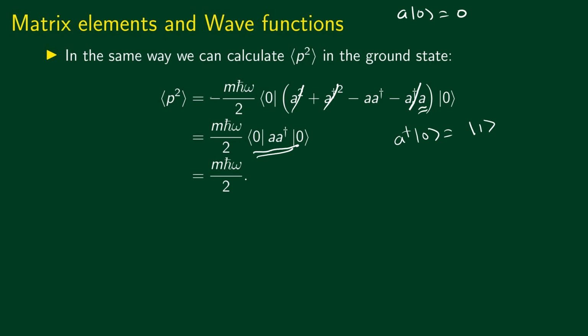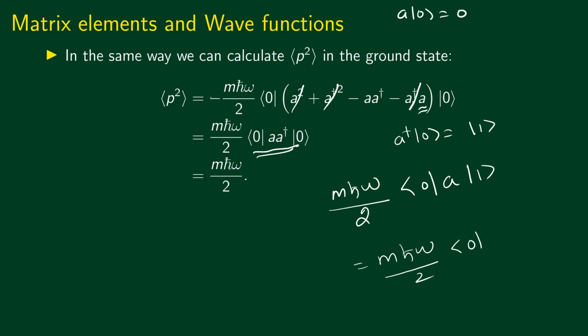Alright, so this becomes mħω divided by 2 bra 0 a ket 1. Now a acting on ket 1 is again square root of 1 multiplying ket 0, which is ket 0. So this is mħω divided by 2 bra 0 ket 0, and bra 0 ket 0 is 1 because these are orthonormal eigenkets. Okay, and finally we have the expectation value for p square in the ground state to be mħω divided by 2.